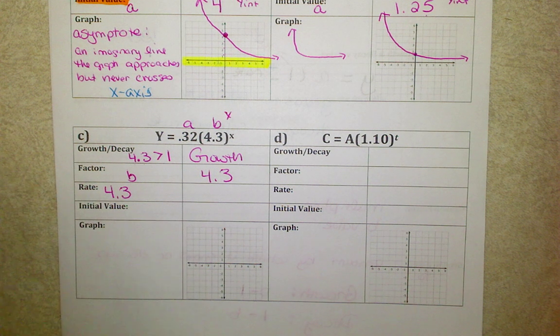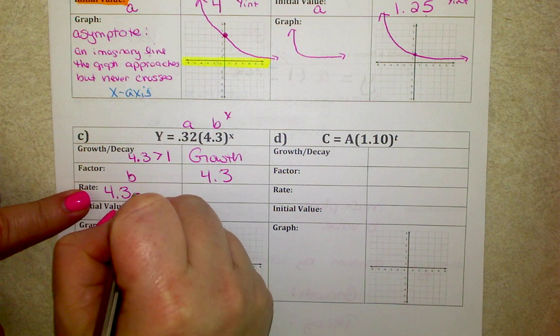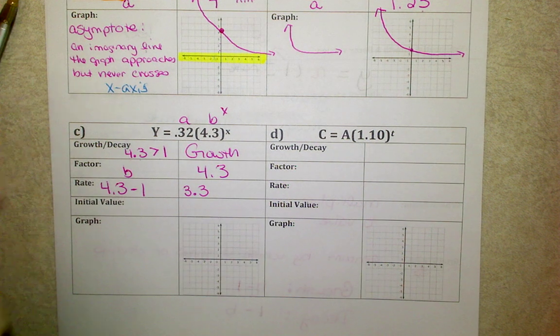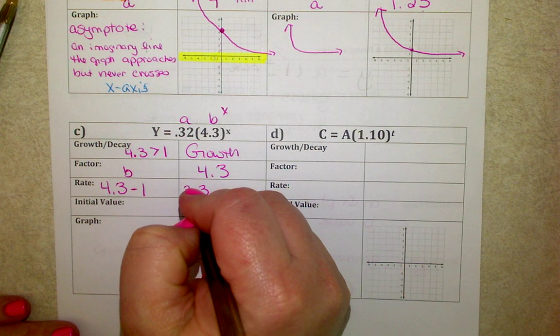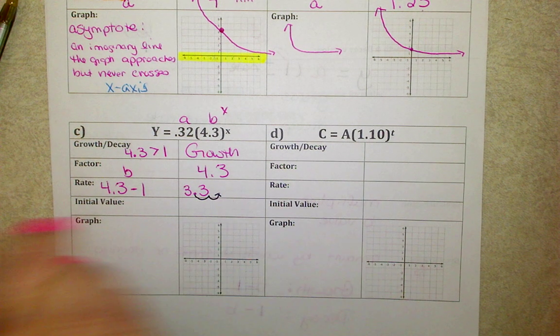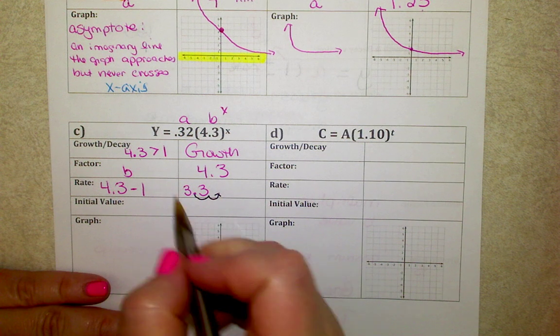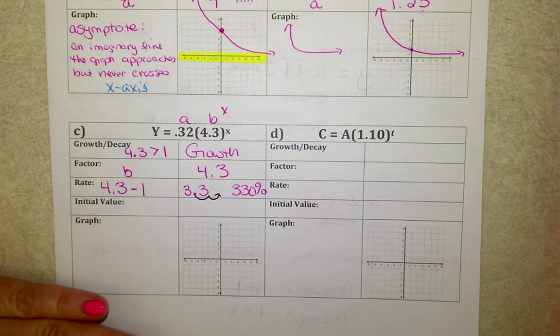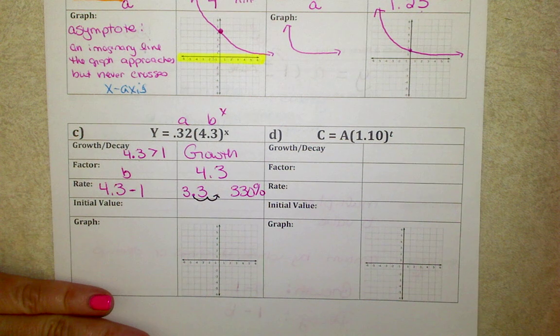What are you going to do with that 4.3? Look at the front side of your notes. We got to subtract 1. So we get 3.3. Now, a lot of times when we're given a decimal, we change it to a percent. So moving that decimal 2 places, we actually end up with 330%. So it more than tripled the value, didn't it?